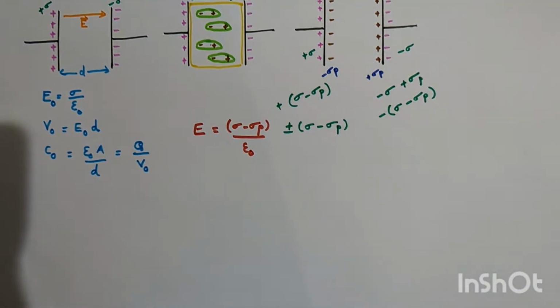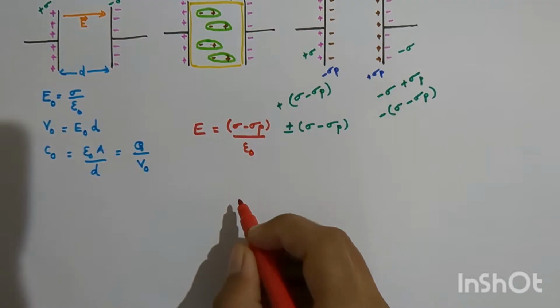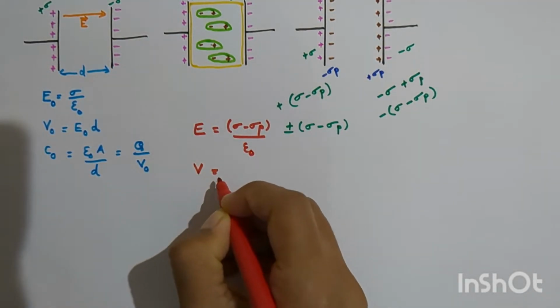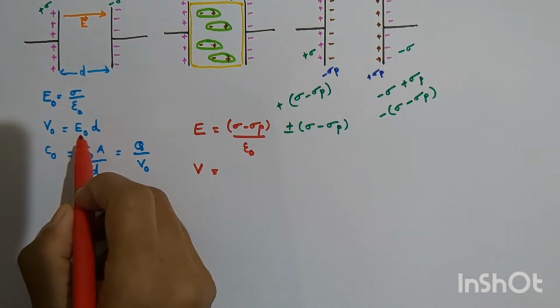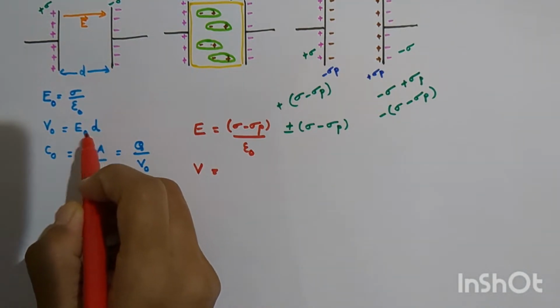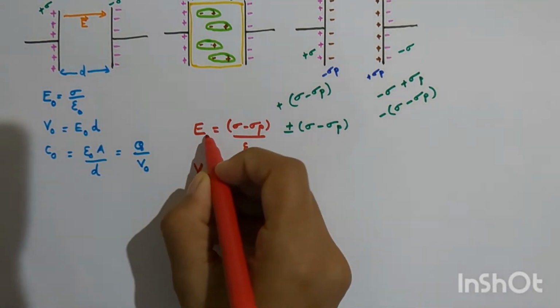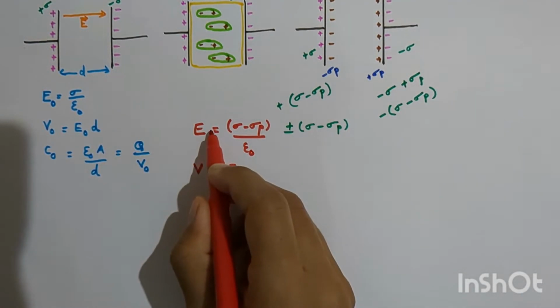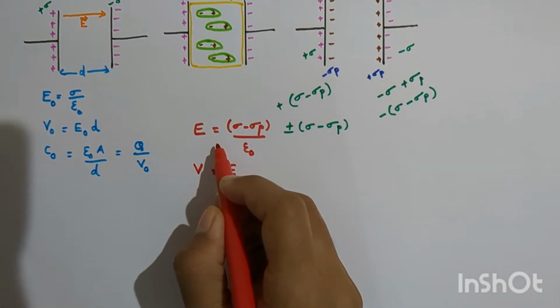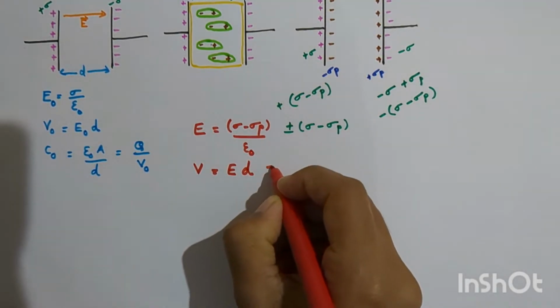Now what will be the expression for the potential difference between the two plates of the capacitor? I am taking it as V. So V0 is equal to the electric field times the distance between the two plates of the capacitor. So now it becomes V is equal to the electric field E, where E is the electric field after the dielectric is inserted, times the distance between the plates of the capacitor.